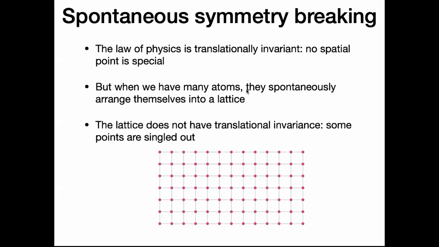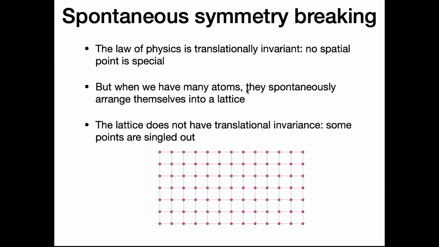But when we have many atoms that interact with each other, they spontaneously form a lattice. When they try to minimize their energy, they form a lattice, and the lattice doesn't have translational invariance anymore. Not all points are equivalent. In fact, there are points that are singled out: the positions of the atoms.